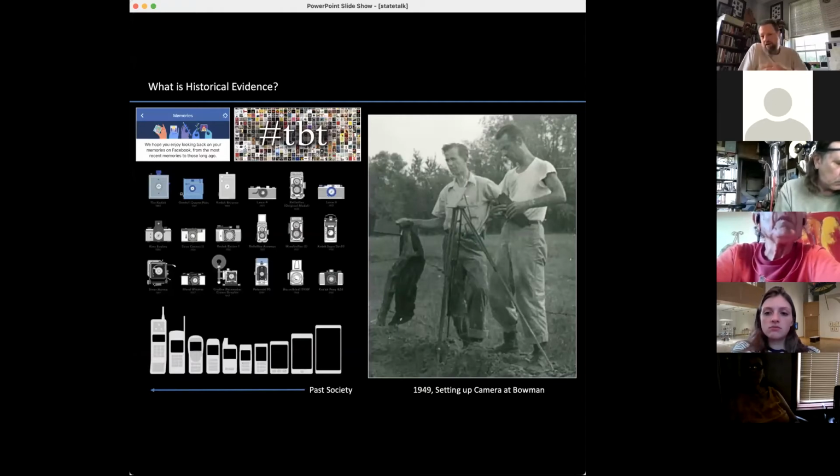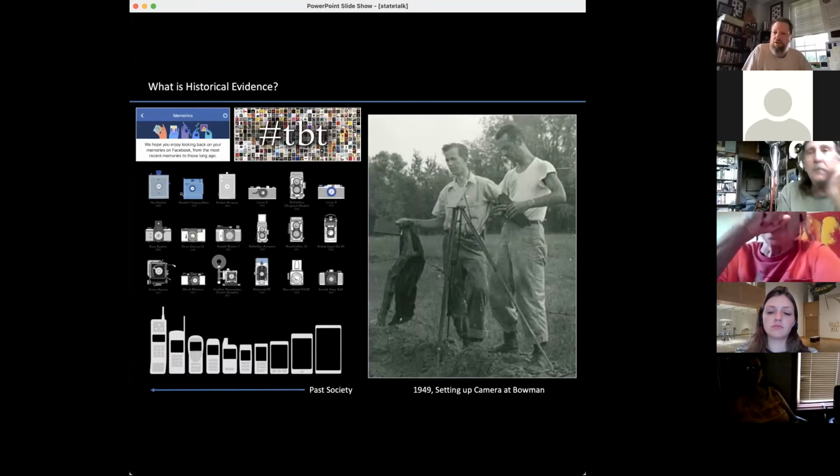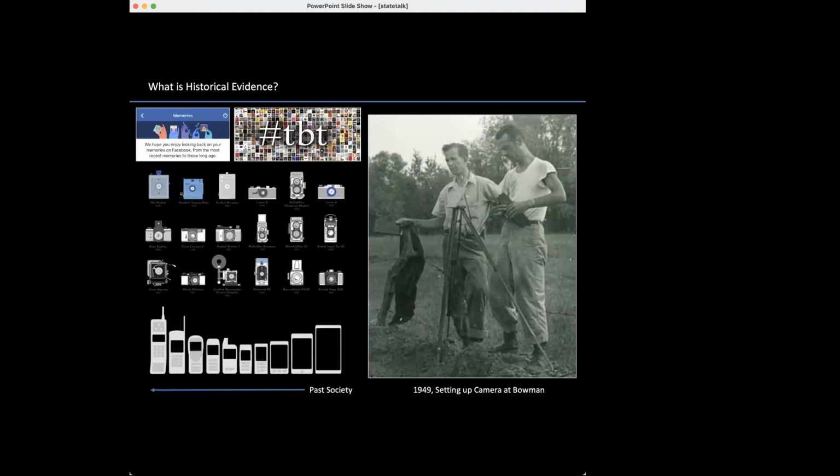As I've shown here on the slide, this image of local diggers at the Bowman site, and I'll talk more about Bowman here in a little bit, in 1949, setting up their large and cumbersome tripod camera, not digital, by the way, okay? But can images taken 20, 10, 5, even last year, during those times, can they be considered historical evidence of a past society?